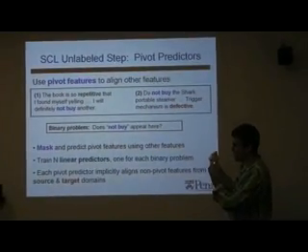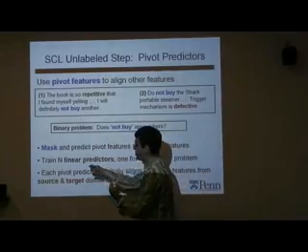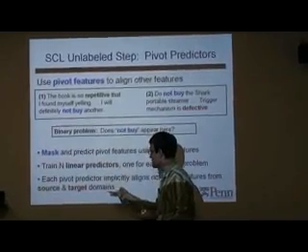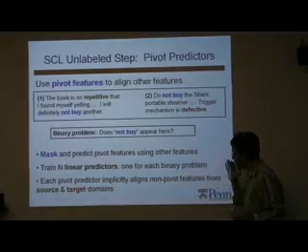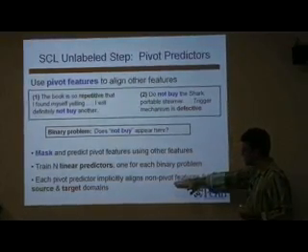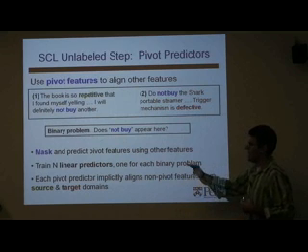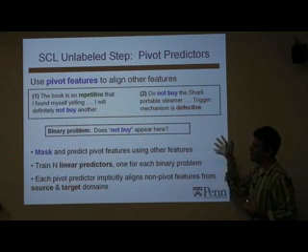The thing to notice here is that each linear predictor we train is characterized by a weight vector, right? And the one issue I want to point out is that these, what I'm going to call pivot predictors, are implicitly aligning features from different domains, right? How do they do that?